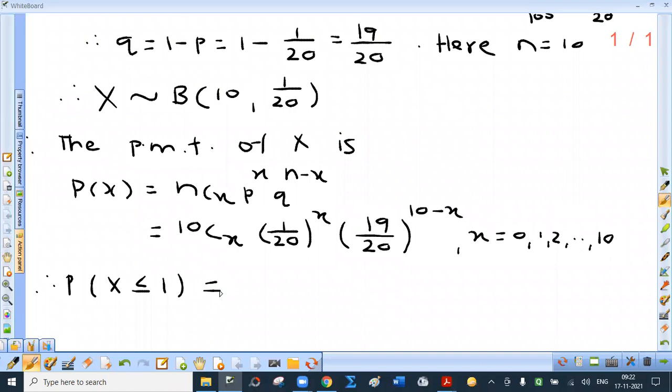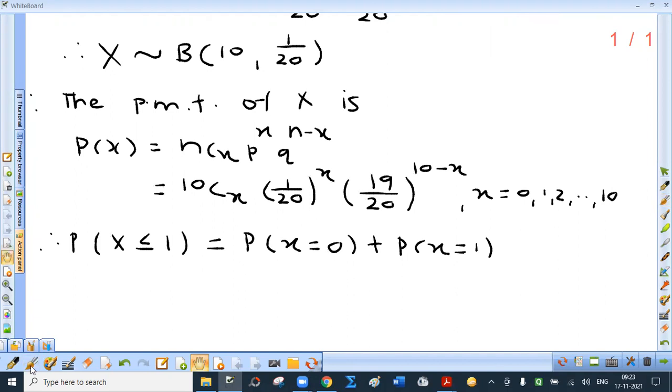Probability that a sample of 10 items will include not more than one defective item, means at the most one. If number of defective items is 0, we are more than happy. But even if it is 1, it's okay. But 2 or more defective items not allowed. Means it is P of x equal to 0 plus P of x equal to 1. Okay. So this is the required probability.